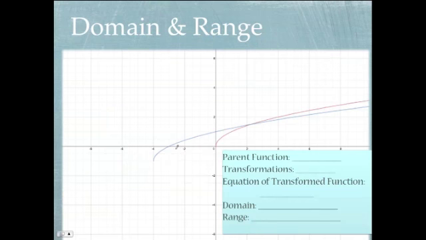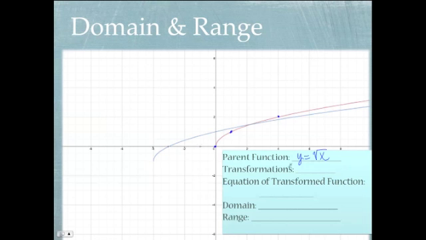Now let's look at this same equation for the different information that you'll be asked. The parent function we know is y equals the square root of x. The transformations of this one, this is the same one that you just graphed on your own paper. The transformations went over 4, 1, 2, 3, 4.